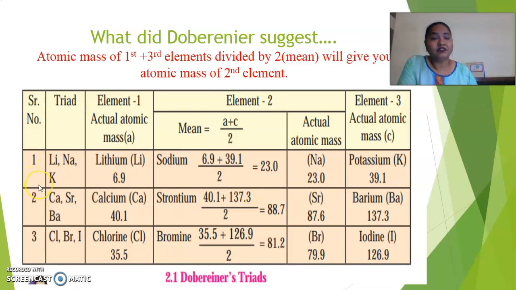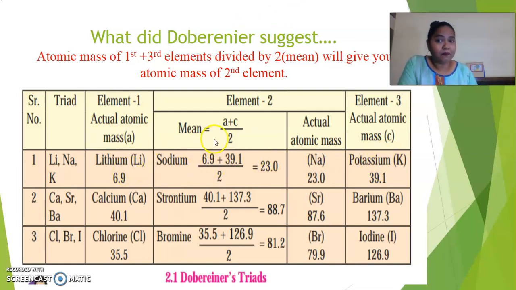Let us consider an example. If we have a look at the first triad, that is lithium, sodium and potassium. Lithium is the first element, sodium is the second element and potassium is the third element.